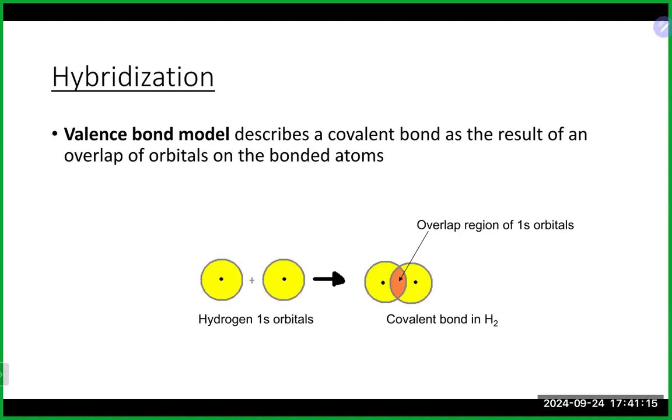And when we look at the bond angles that we see in some of these molecules, just Lewis theory and Lewis structures doesn't necessarily adequately describe the bond angles that we see. So this idea of hybridization comes up as another bonding theory, and it accounts for a lot of the bond angles and the geometries that we actually see in these molecules.